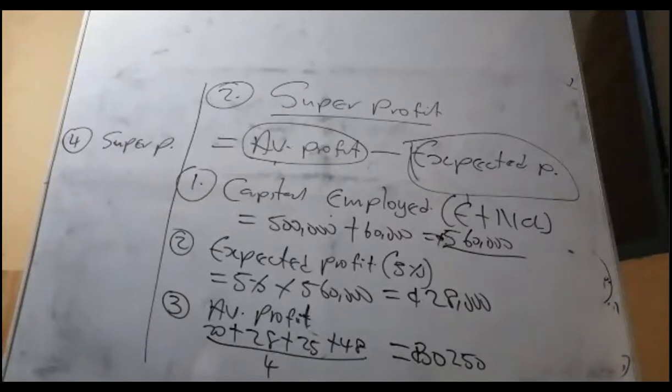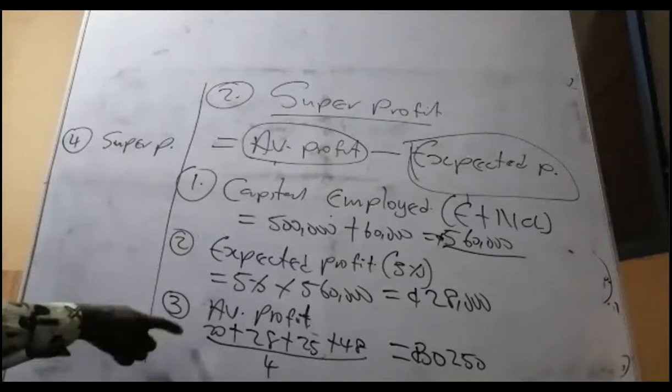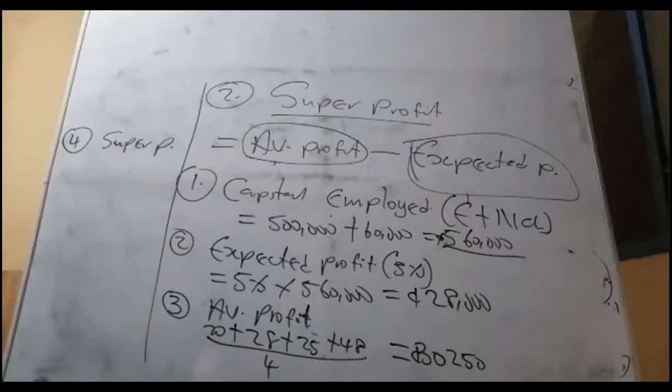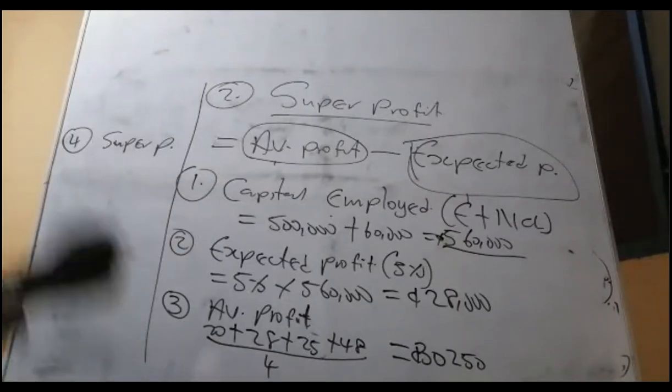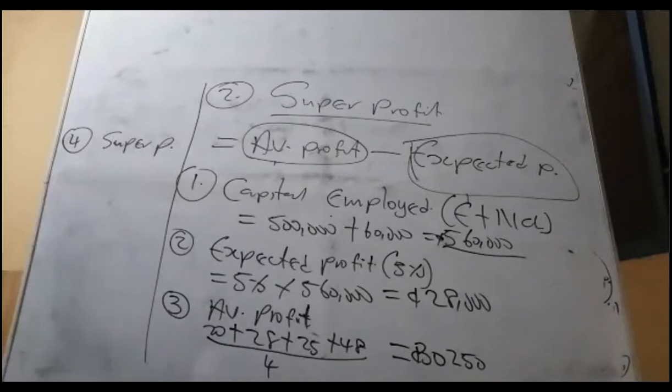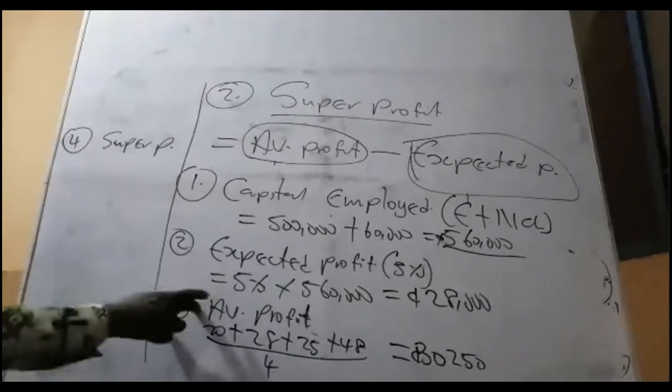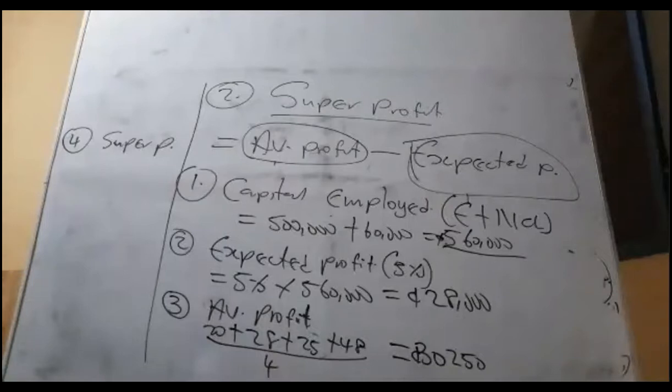Take note that if the expected profit is more than the average profit, there's no super profit. Super profit exists if and only if whatever you earn is more than your expectation. If you have overachieved your target, then that's what we call a super profit.